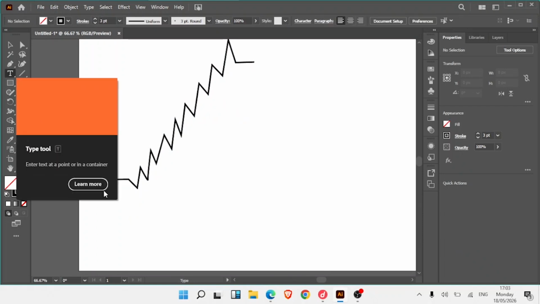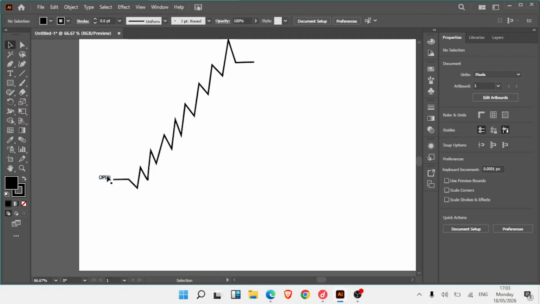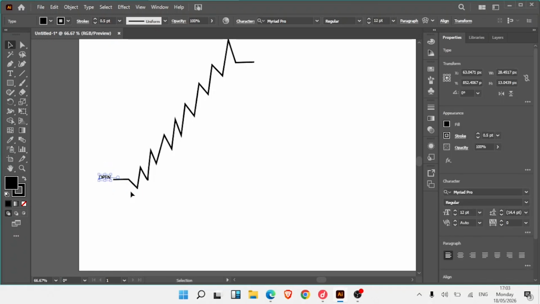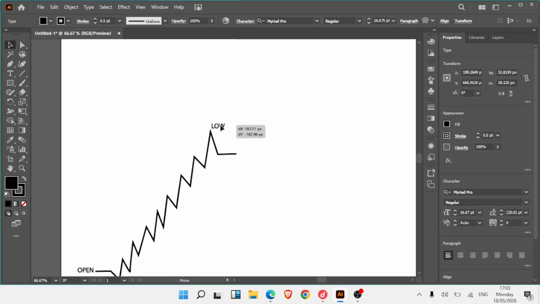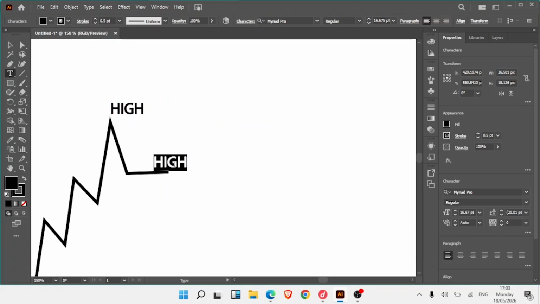Let me just label it: this being the open, make it big, and then this becomes the low, and then this becomes the high, right? And then this level here becomes the close.